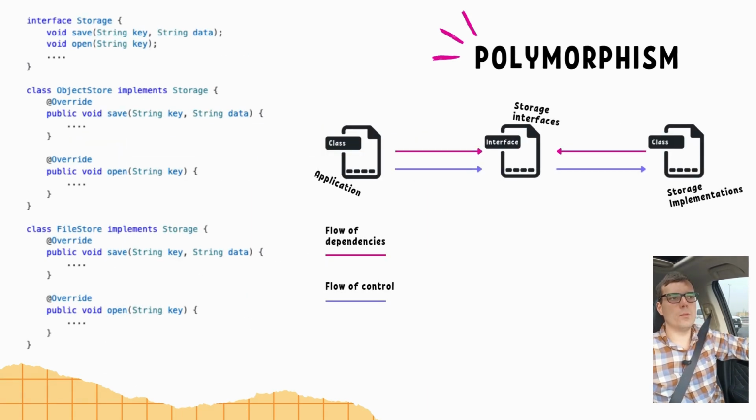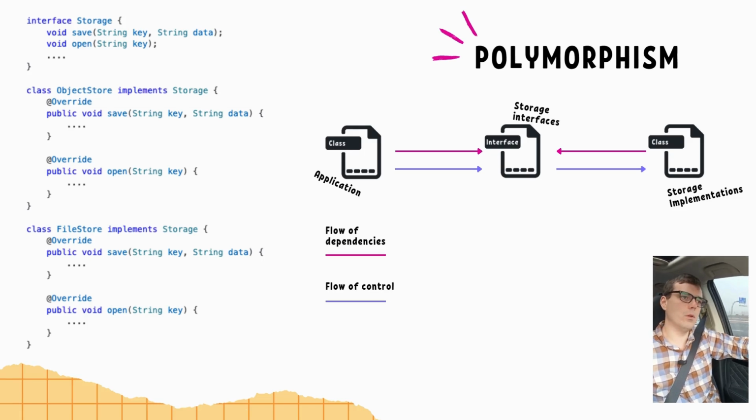We can have an interface which defines a storage, with methods such as store some data or read some data, but implementations of storage would be a database, a file store, an object store, or anything else. Our application that uses the storage would depend only on the interface.